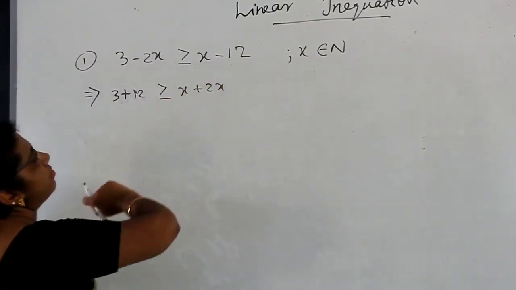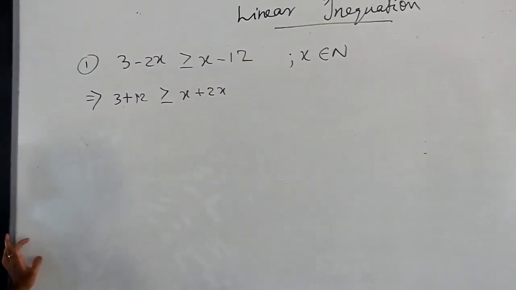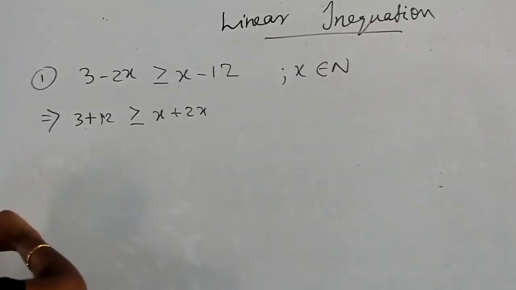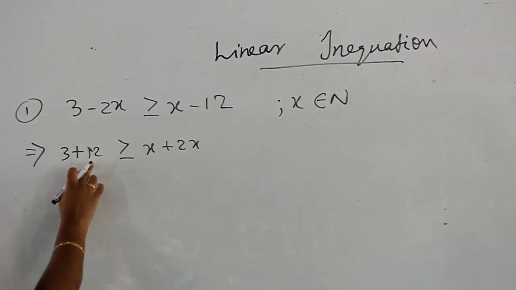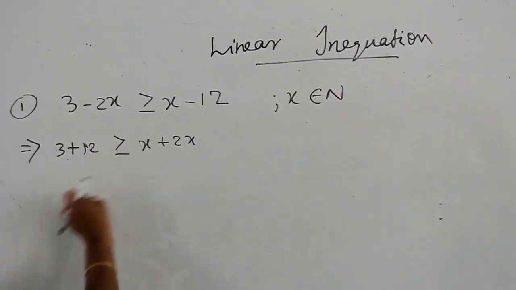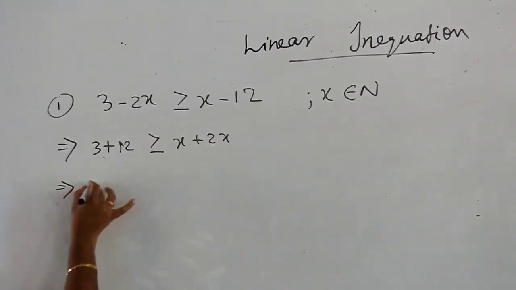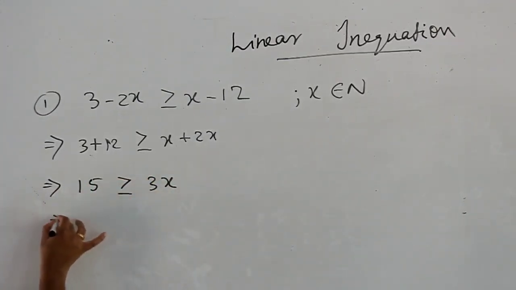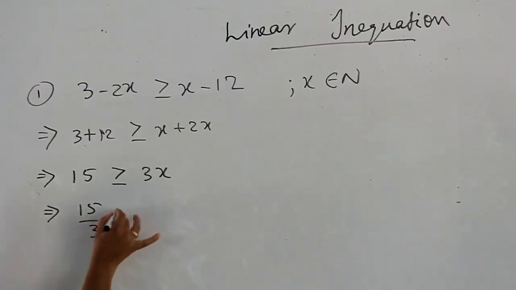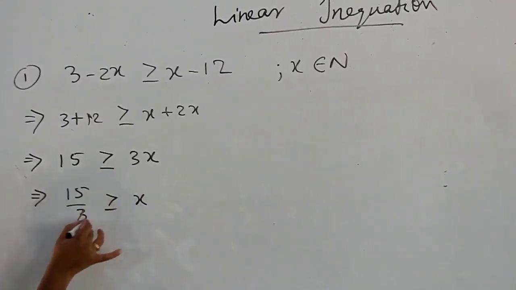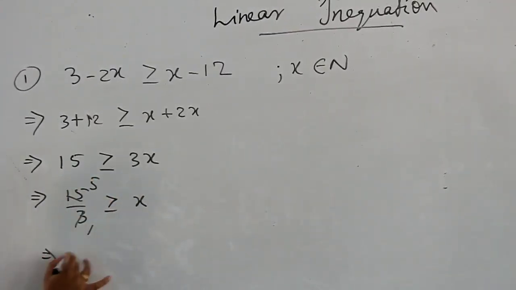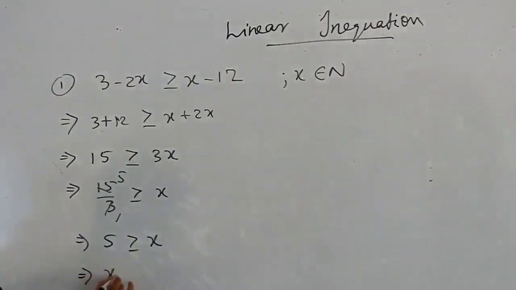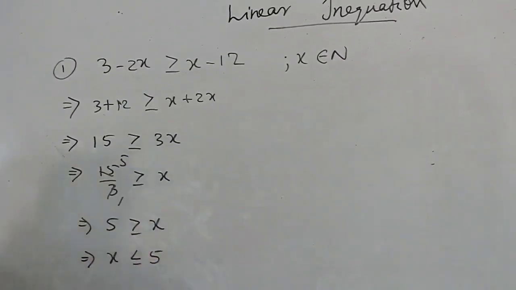Here on the right side minus 12 is there, so we keep this minus 12 on the left side; minus becomes plus. 3 plus 12 greater than or equal to x plus 2x, which implies 15 greater than or equal to 3x, which implies 15 by 3 greater than or equal to x. We can cancel this, then 5 greater than or equal to x. This we can write as x less than or equal to 5.